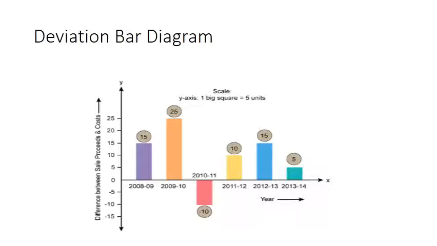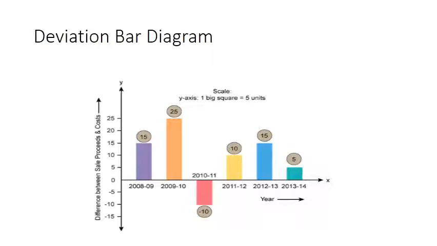In 2009 and 2010 there is a 25 units increase in sales, but in 2010 and 11 there has been a decrease in sales, and that bar is below the line. When there is a decrease, that bar will be shown below the line. When there is an increase, it will be above the line. That is why it is known as deviation, because in this diagram we only show deviation, not the actual value.